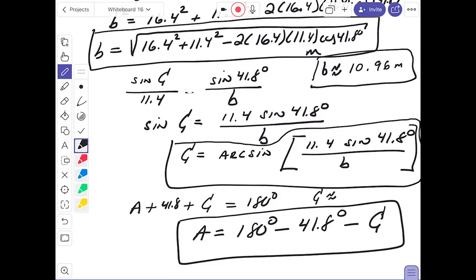Arc sine, we'll look at the key later, of 11.4 times the sine of 41.8 divided by B. Now I'm not using 10.96, I'm actually using all the digits my calculator has. And what do we got over here? 43.88 degrees.